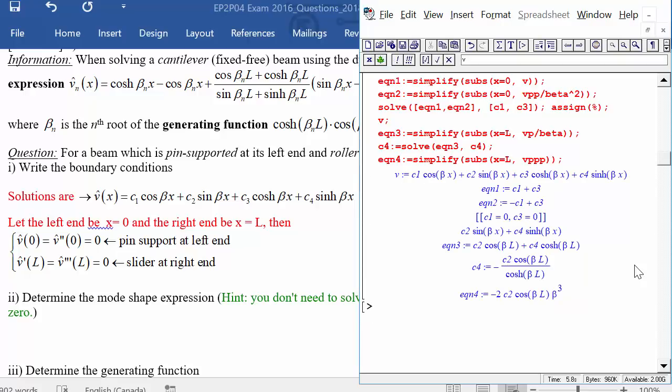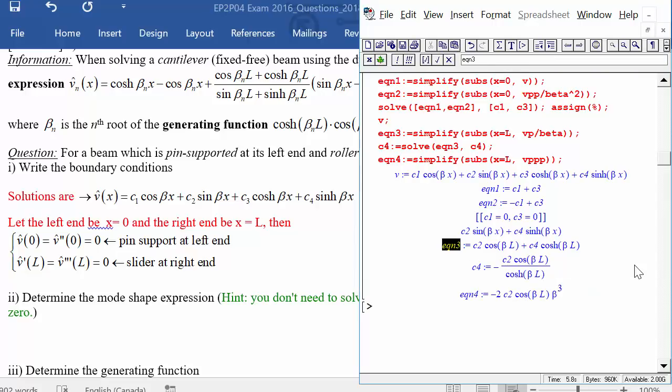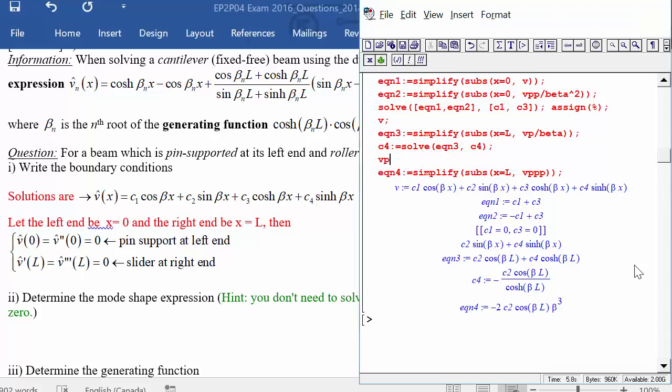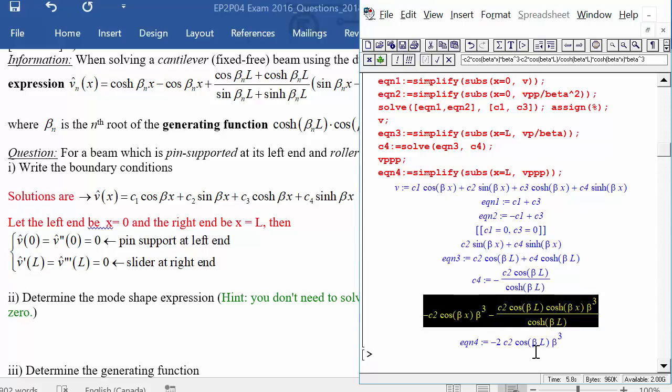Let's have a look. Here's the equation, and equation 4 that we get after we substitute x equals L into v triple prime. Maybe let's look at v triple prime first. If we substitute x equals L, then these cos hyperbolics cancel. Maybe it should be cosh rather than cos; that's the long form of cos hyperbolic.